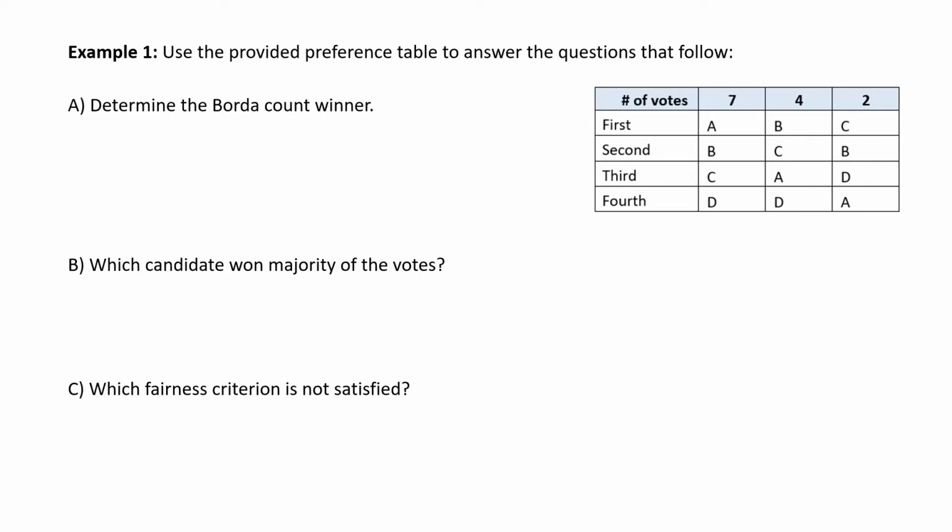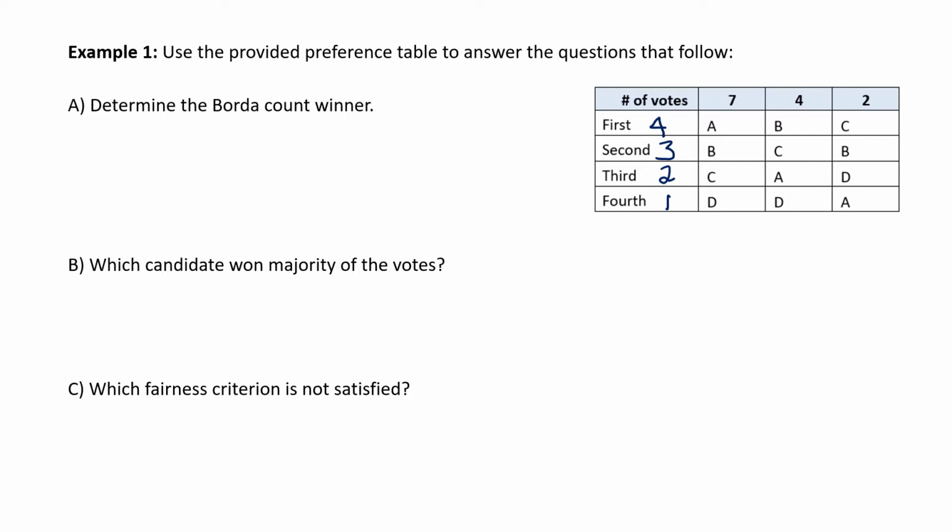For this preference table, determine the Borda count winner. To determine the Borda count winner, we assign points, 4 points to the first, 3 to the second, 2 points to the third, and 1 to the fourth. Now we multiply those points with the number of votes.